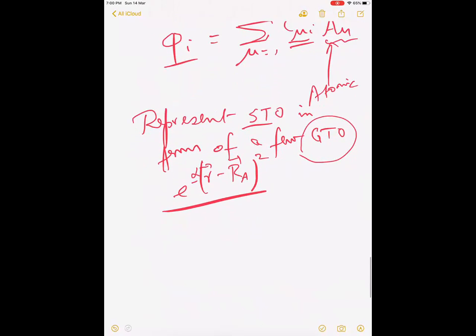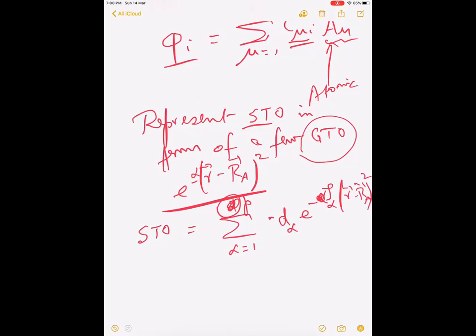So what I want to do is that one STO, can I write as a linear combination of some alpha equal to 1 to p number of Gaussians, with coefficients d alpha, exponential minus some exponent alpha times r minus Ra squared.